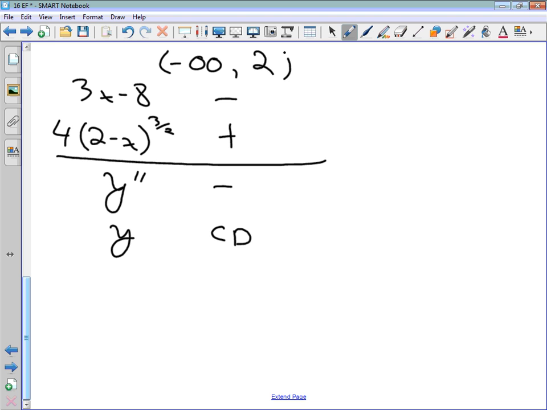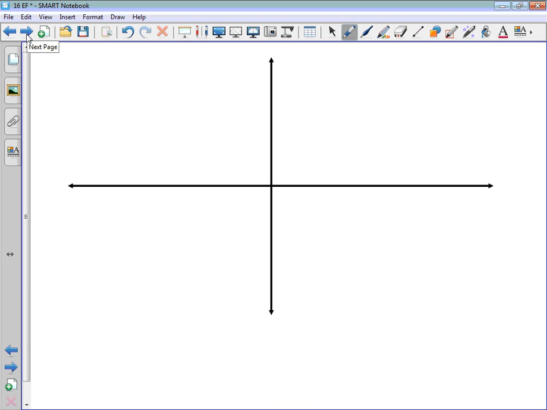So let's put all this together and finally sketch our graph. We know that our domain ends right here at 2. We know that the point (2, 0) was one of our intercepts. We had an x-intercept at (2, 0), and we had another x-intercept here at (0, 0), which was also our y-intercept.